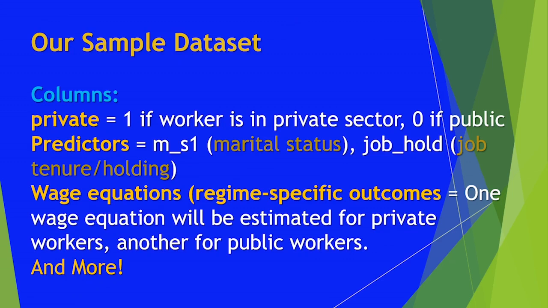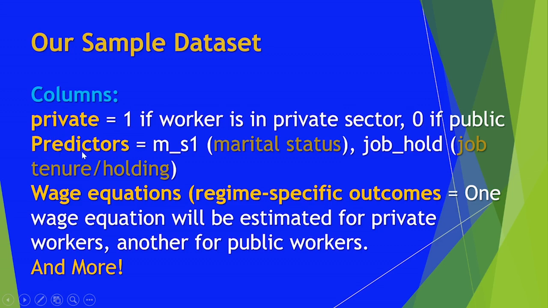And we'll have our sample data that we will use in Stata when we transition to the practical part. But let us first try to go through what this data will entail. We have some columns like private, and in this column we will have something like 1, and 1 will imply that the worker is in the private sector, and 0 will imply that the worker is in the public sector.